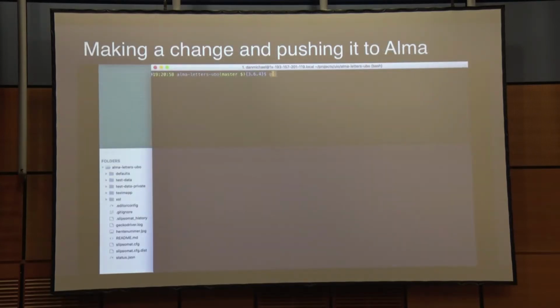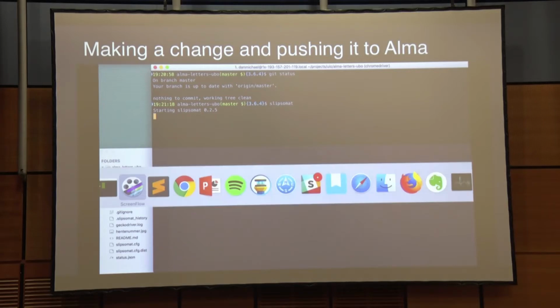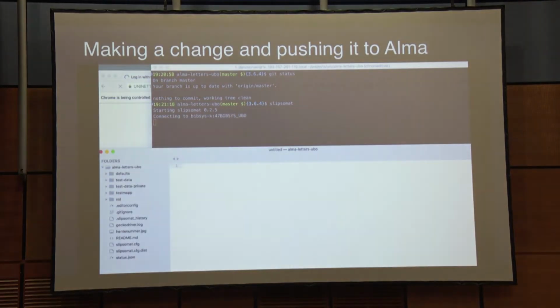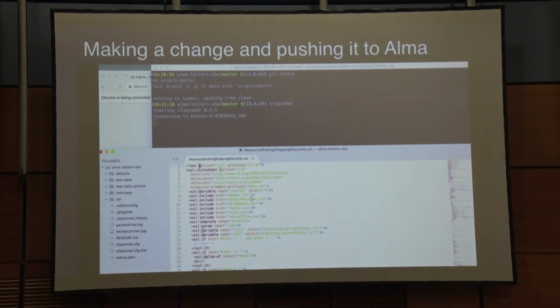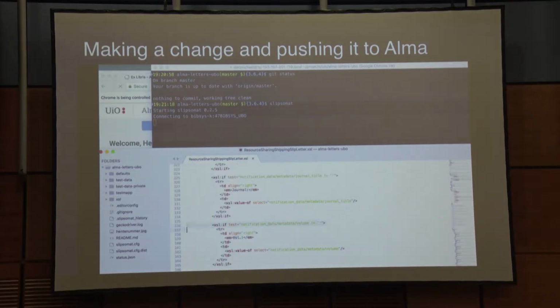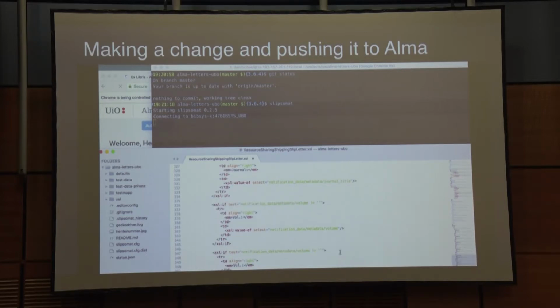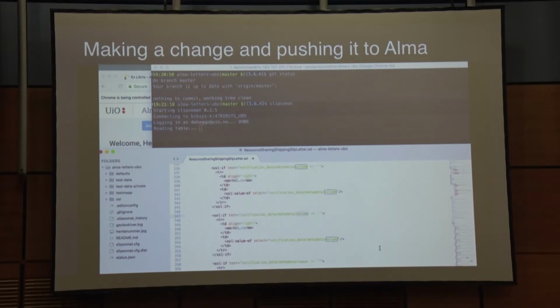So, yeah, a quick demonstration of how I work when I make a change. Then I open my editor and the letter that I want to edit. In this example, there was one field that was missing. I discovered that there was a field called book volume that wasn't on the resource letter.